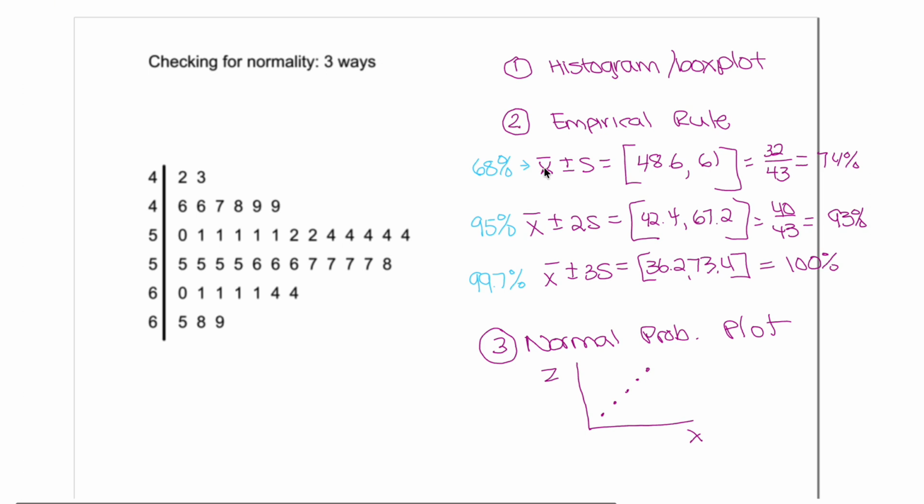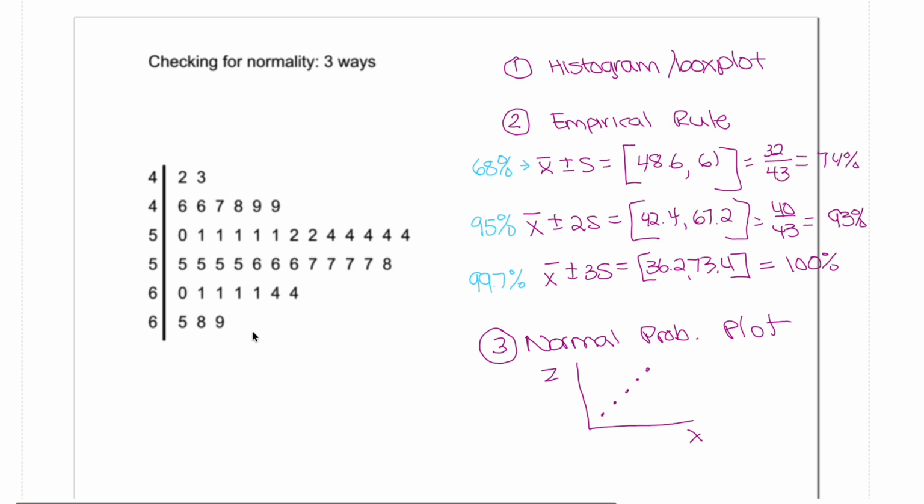Just like I said before, 68, 95, and 99.7% correspond with 1 standard deviation, 2 standard deviations, and 3 standard deviations respectively. If we use this data right here for our example, take a moment, pause this video and type all of this data into a calculator. Okay, I hope you finished typing.